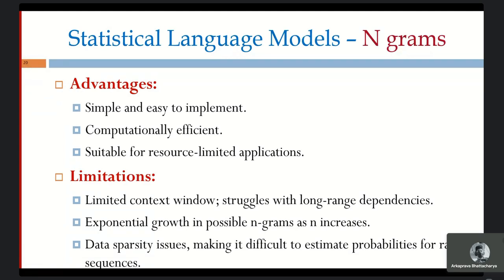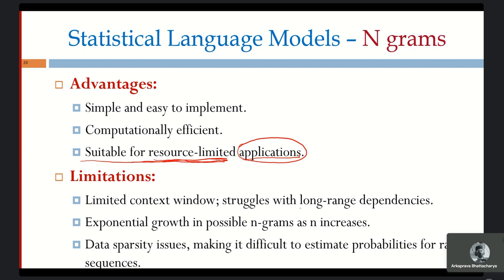What I mean by this? In the case of n-grams, I would be able to predict this word maybe with respect to the previous word, or I could go with these two words. Sometimes it happens that if the length of the n-gram increases, then it would be very difficult for me to predict that the word is applications for the given sentence.